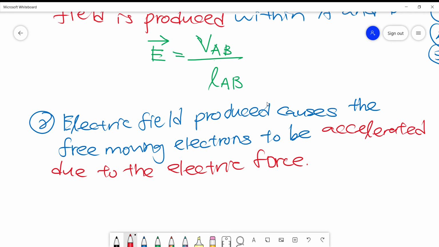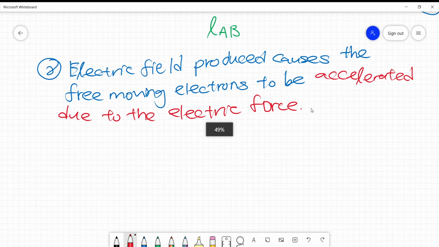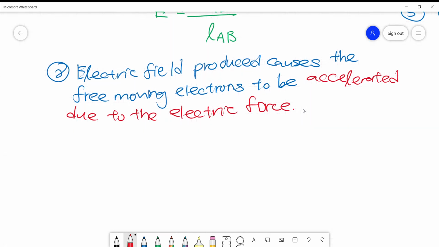The electrostatic force acts on every electron contained inside the metal wire. From the chapter on electrostatics, we learned the formula for the electric force, which is F equals eE.